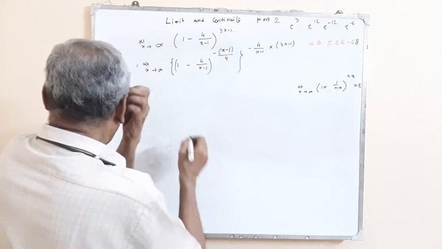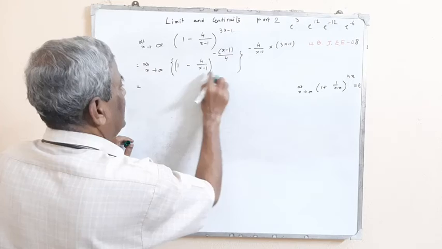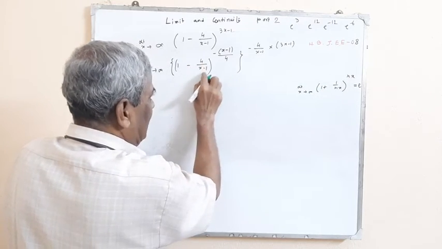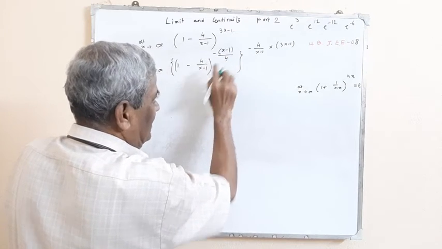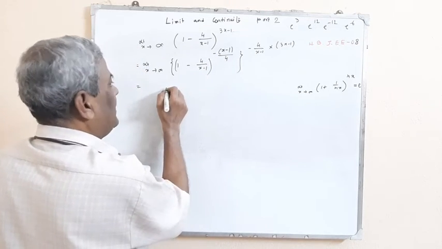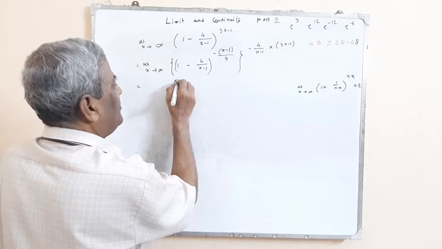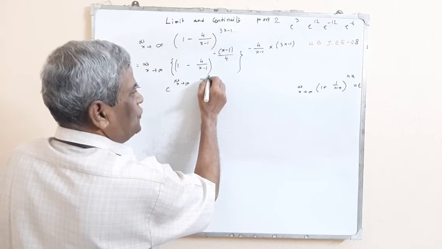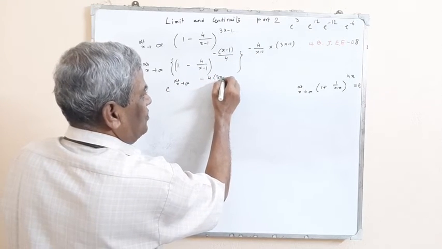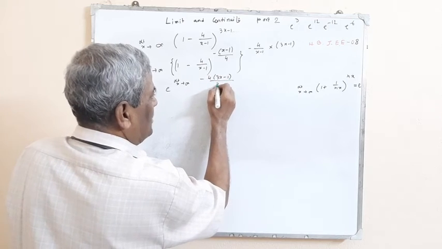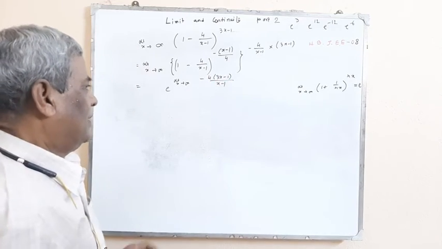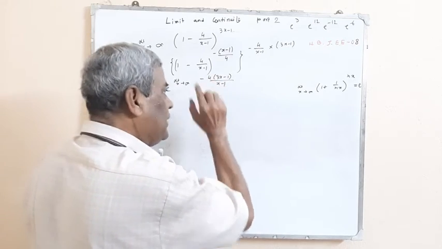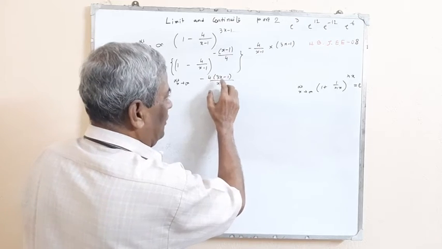Now, you see, it is e, since for 1 plus 1 by mx, this is minus of that, so it's the reciprocal with sign. So this is equal to e to the power limit x tends to infinity of minus 4 into 3x minus 1 by x minus 1. Now here x is tending to infinity. In the numerator, the maximum power of x is 1.